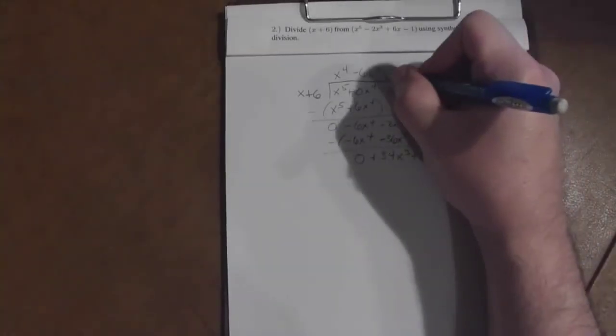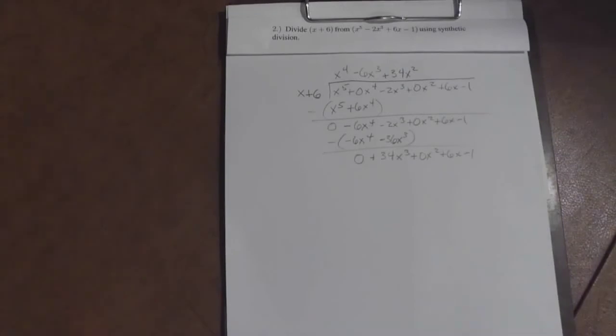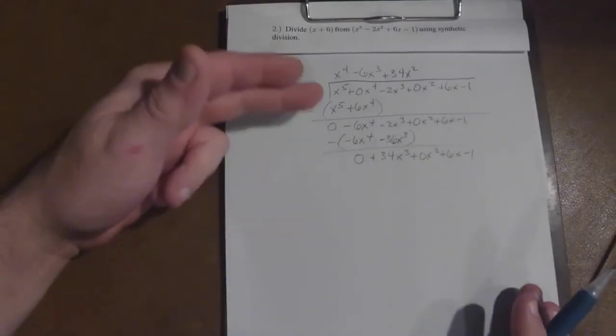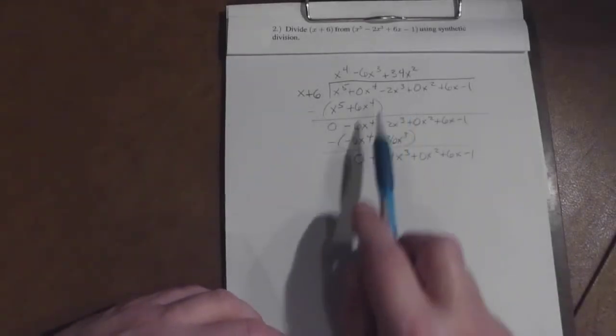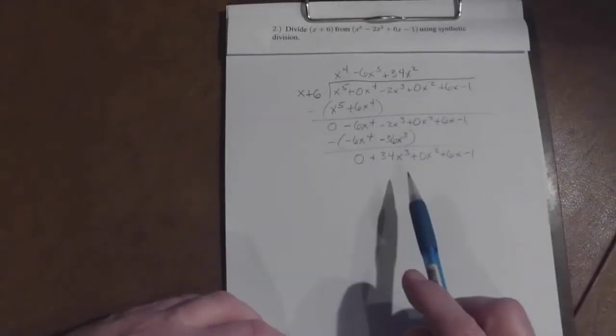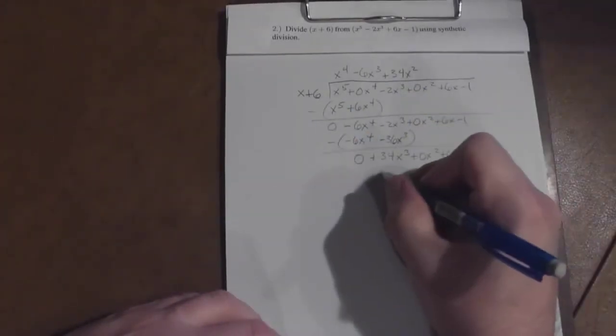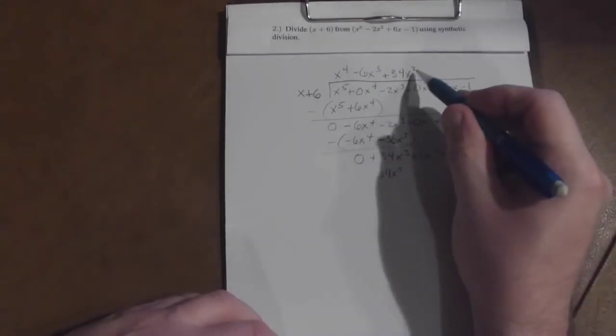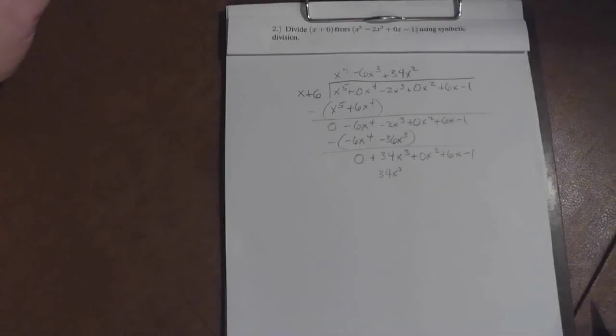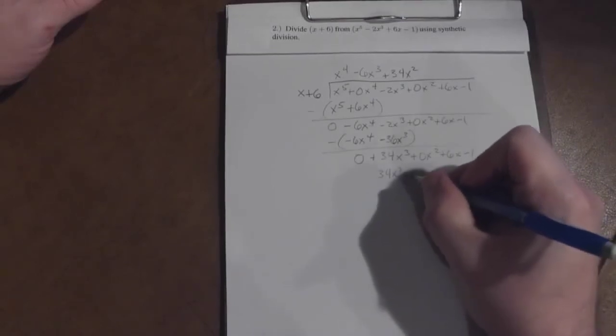What times x gives us 34x cubed? Well, that would be plus 34x squared. Now you can see this polynomial long division is what we're doing here. This is not synthetic division yet. It is a rather long and tedious process, and there's a lot of opportunity for mistakes in here. I think we've been all right so far. Now we say, okay, 34x squared times x is 34x cubed, and 34x squared times 6, now that would be 30 times 6 is 180, 4 times 6 is 24, so 180 plus 24 is 204.